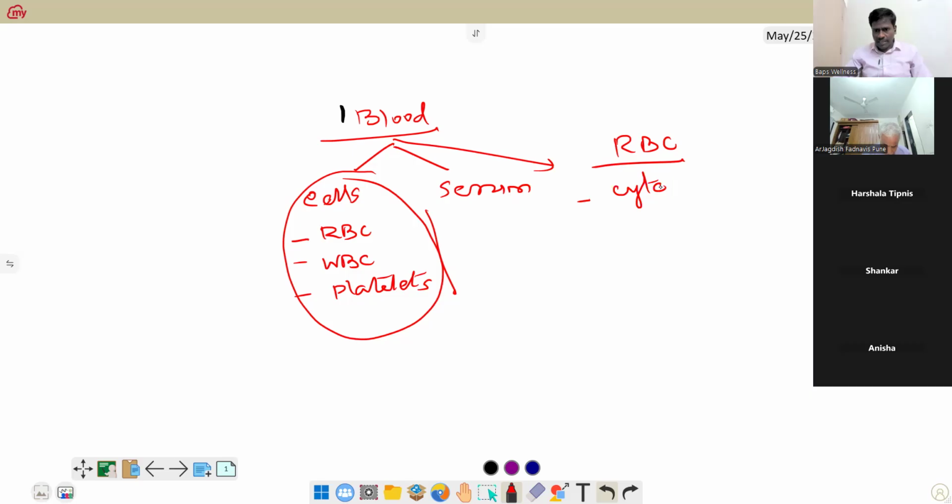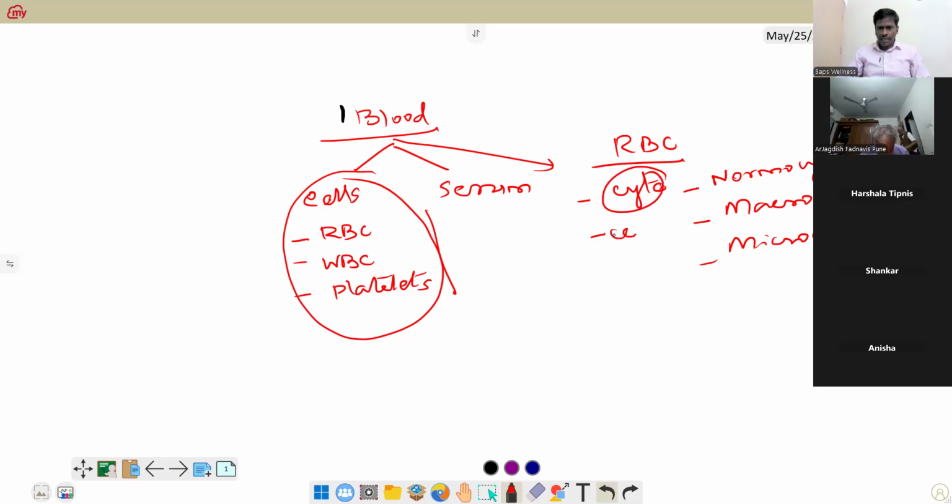Cell is also known as cyte: erythrocyte, leukocyte, thrombocyte, like that. Cyte means cell. One condition, normocytic. Another condition, macrocytic. Third condition, microcytic.